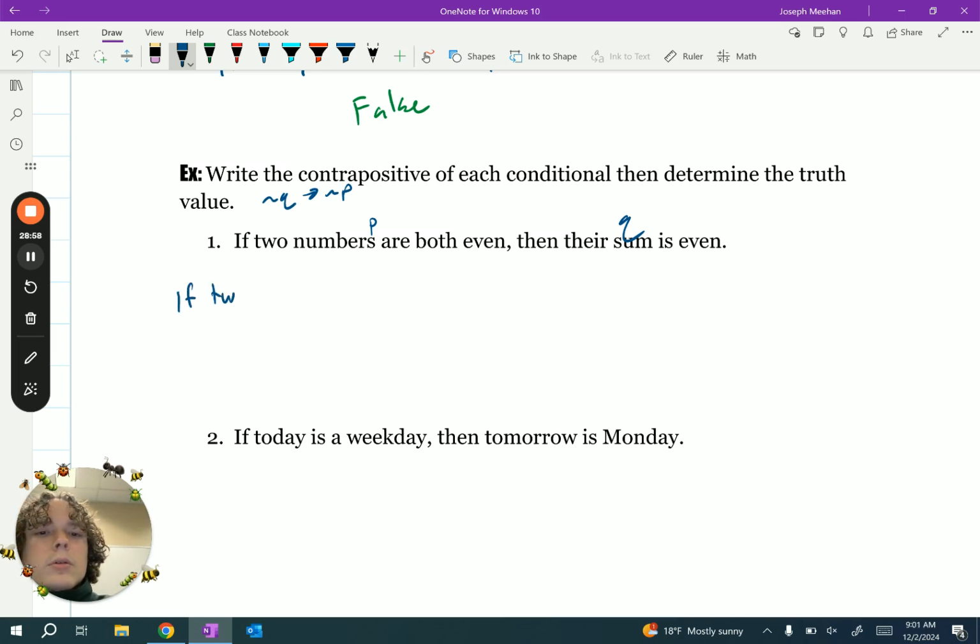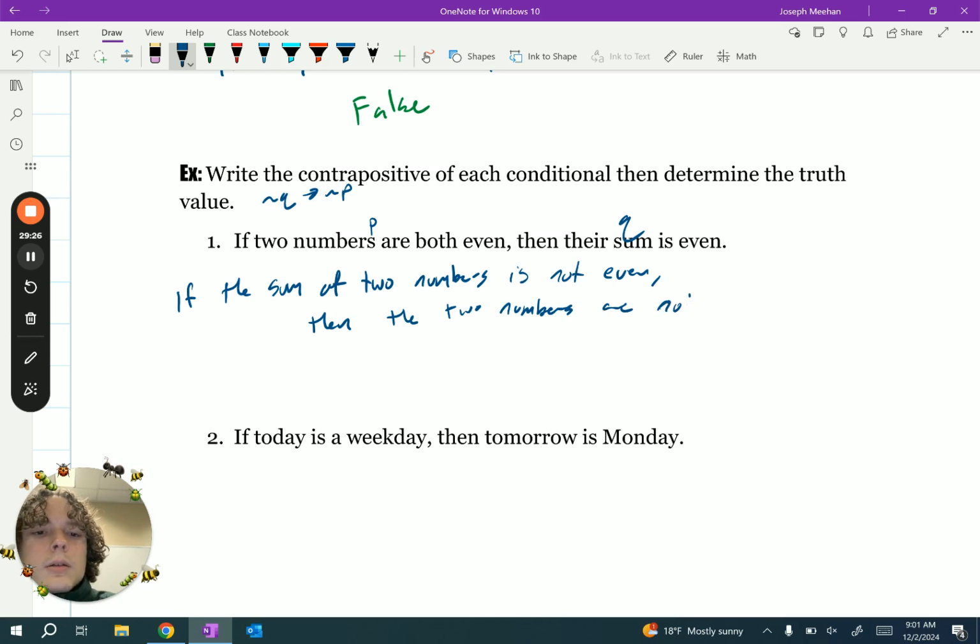So we have, let's say, if the sum of two numbers is not even, then the two numbers are not both even.